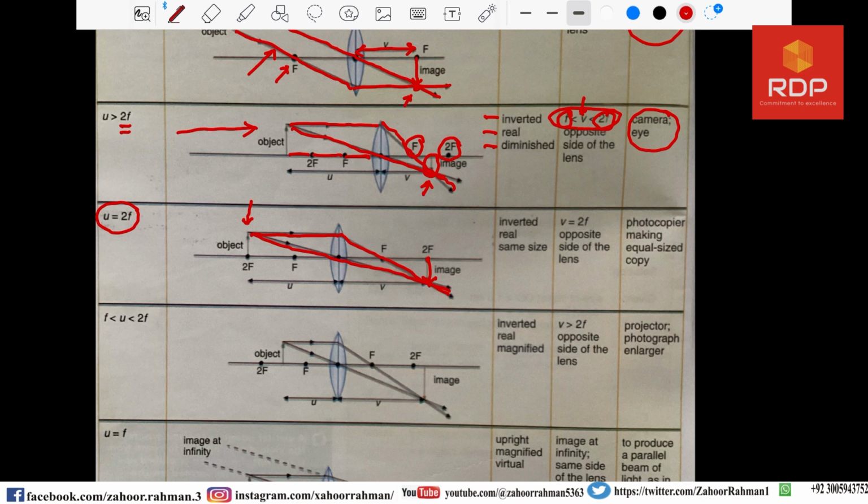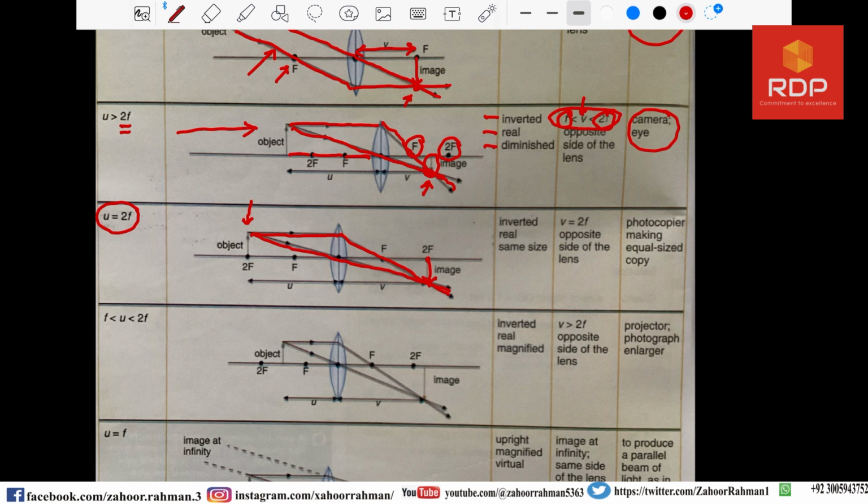Very interestingly, you see that the image is also forming on the 2f, double of the focal length, as the object is lying on the 2f as well.